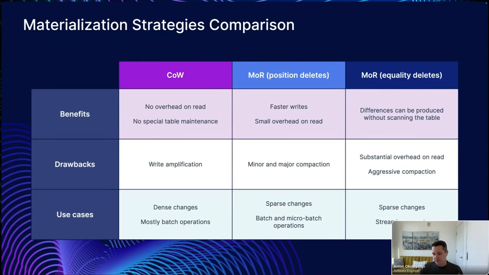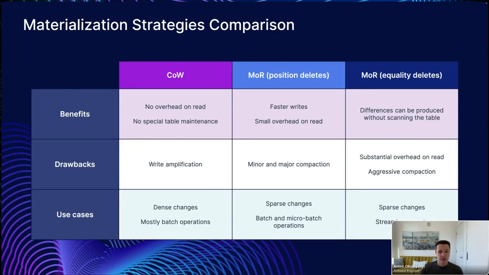At the same time, it really struggles if you need to handle very sparse changes that are scattered across the entire data set. For instance, modifying a single record in every file of the data set requires rewriting the entire data set, which is simply impractical at scale.